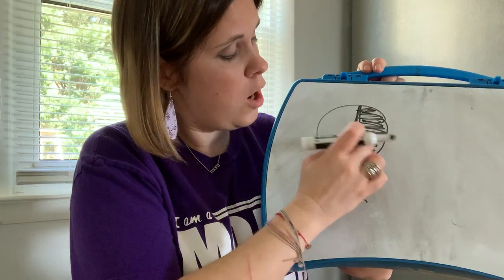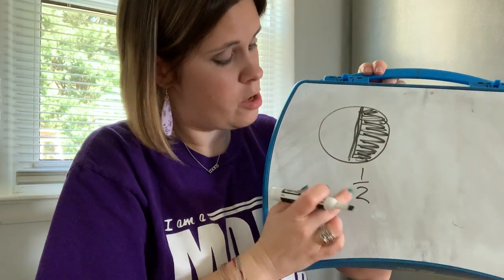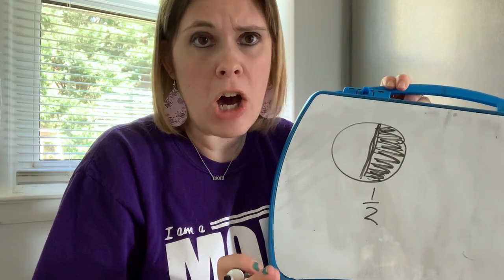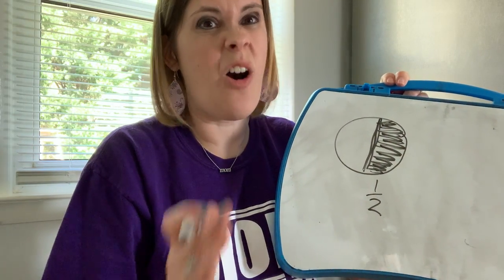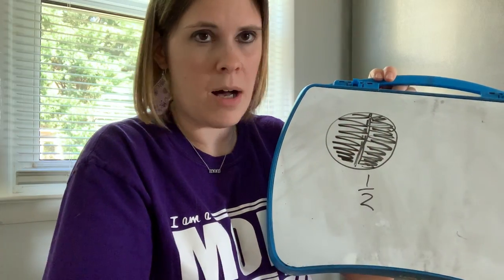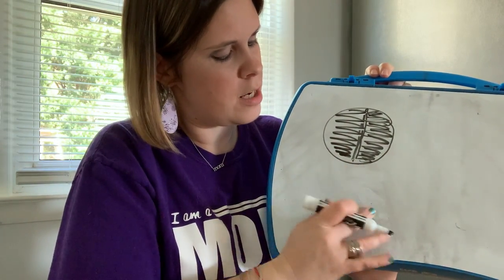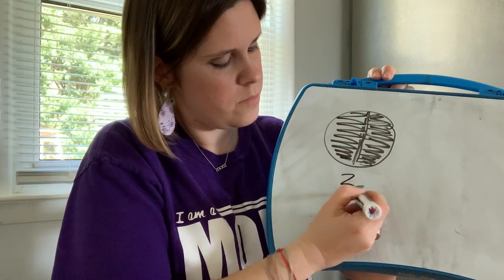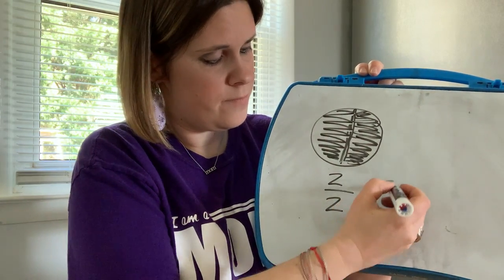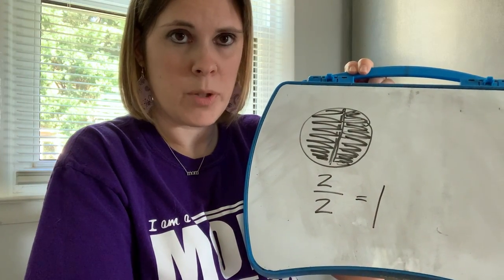So we know that 1 out of 2 are shaded, and so I know that that fraction would be 1/2. But say I was feeling really hungry and I wanted to go and eat the whole thing. So if I eat the other part, then I actually know that I've got 2/2, which is the whole thing, okay?